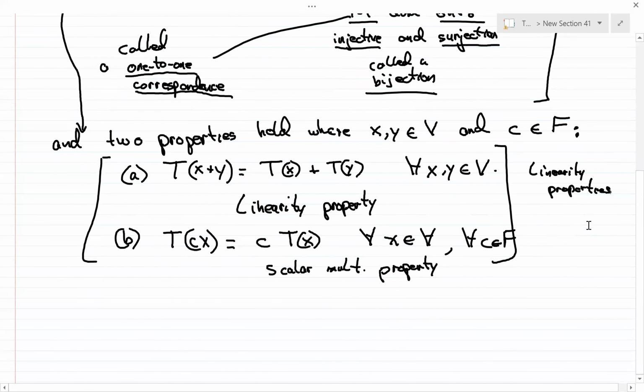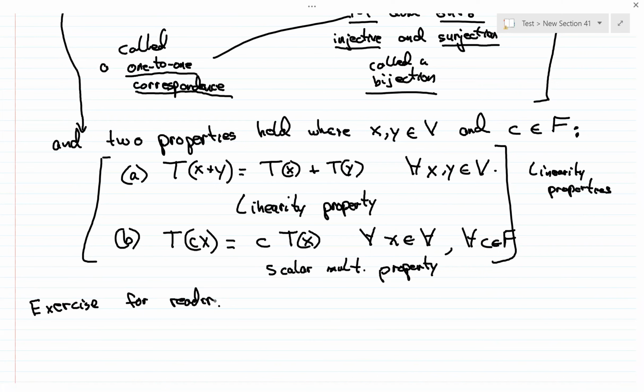But what else are they saying that holds? So here's an exercise for the reader, which means you guys. If T is linear, then T of the zero vector is the zero vector. So let's write down these things since you're being asked to show that they're true. This is number one.